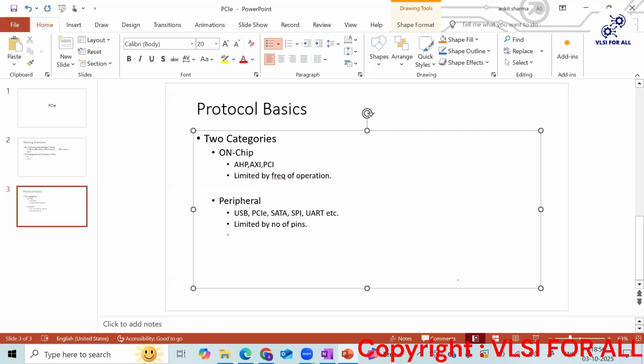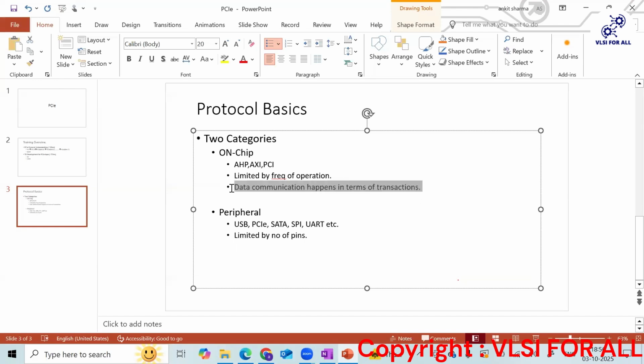Now, how is data communication happening in this? In the on-chip protocol, data transfer happens in terms of transactions, while in the peripheral, it happens in terms of packets and frames.